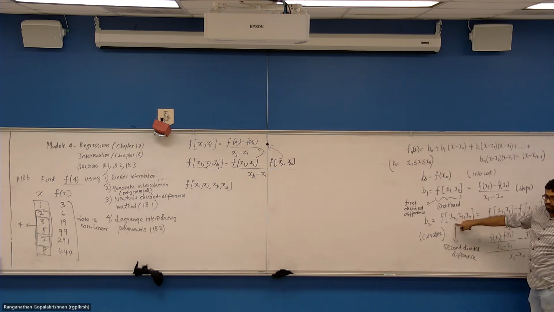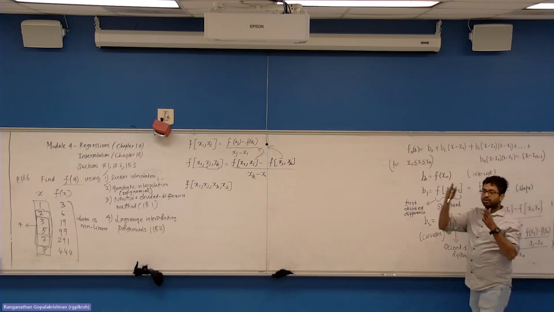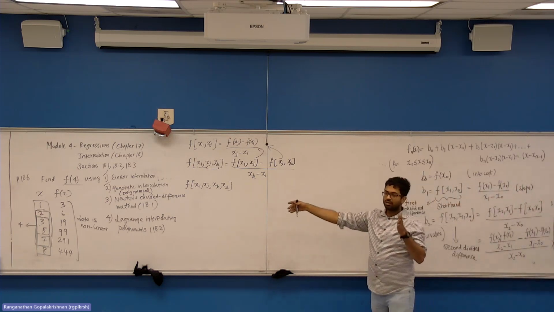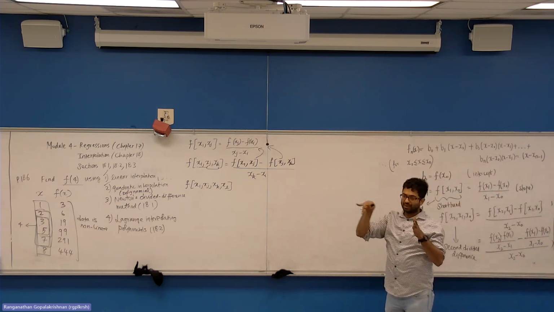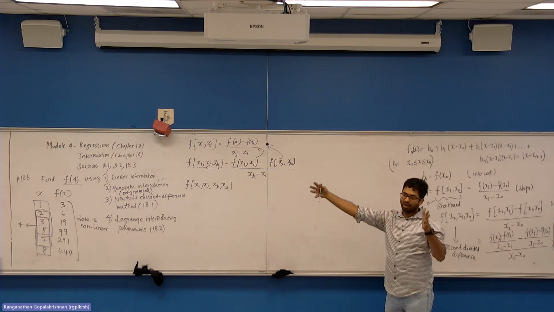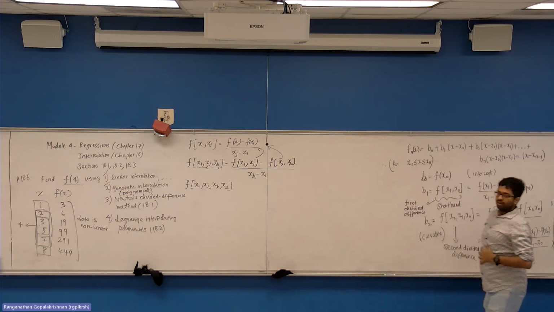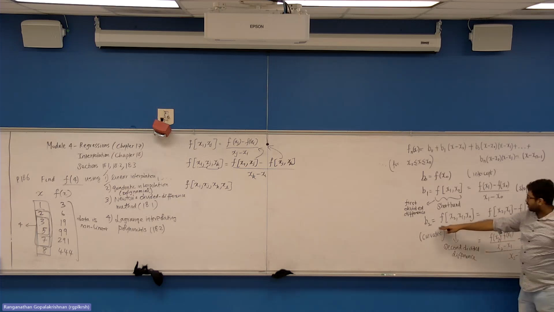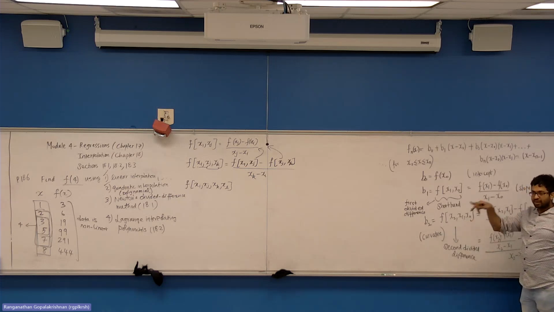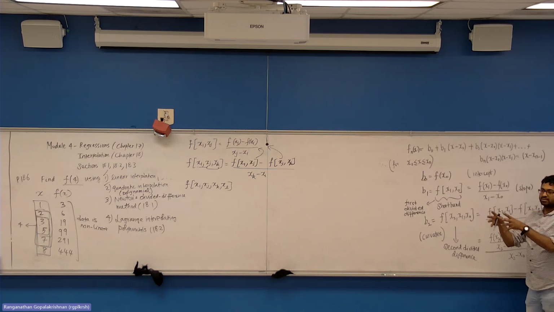So if you have x0 to x10, you can do this only for 3 at a time. You can't do this for all 10 or 11 of them together. Second divided difference applies only for any 3 at a time. So you can do it between 0, 1, 2 or 6, 7, 8 or 9, 10, 11, but you can't do it for all 11 of them together.